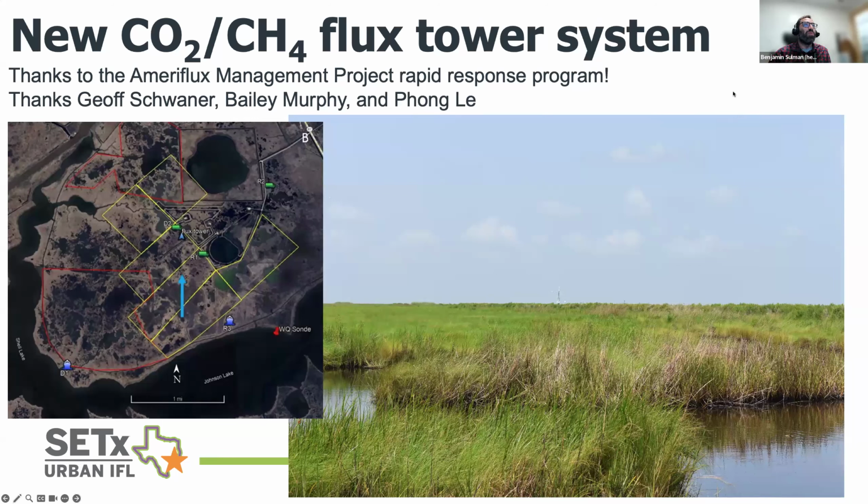And so with this DOE funding and also through the Ameriflux Management Project's Rapid Response Program, we've installed a flux tower out on this marsh to try to get more continuous measurements of what's going on with the process of this marsh's degradation over time and how it responds to variations in weather.